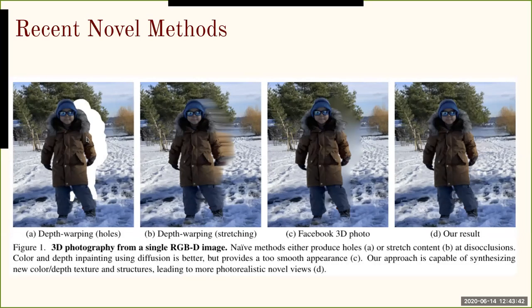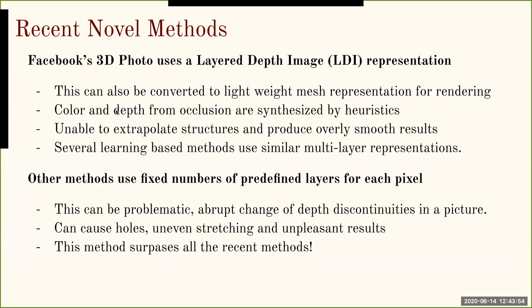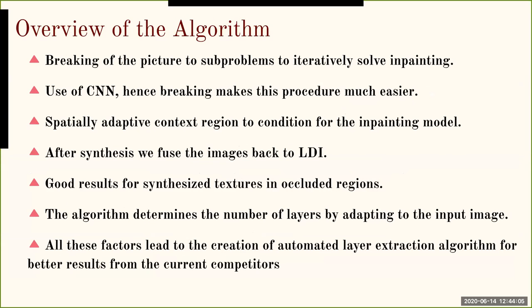In that case, we will use something like correlation filtering and a sharpening filter to detect the edges for determining the layers. Okay. Earlier methods can cause holes, which I told you about, and even uneven stretching and unpleasant results. The method we will present surpasses all these methods. So now I'm going to give you a brief overview of the algorithm.